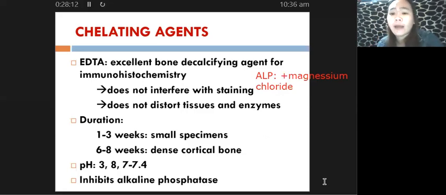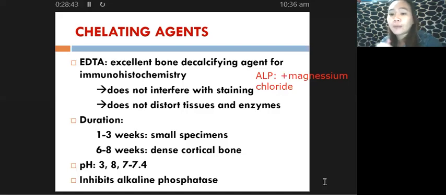The first one, we have your 5 to 10% EDTA disodium. The good thing about your 5 to 10% EDTA disodium is that it is already buffered at the right pH. And what is the pH of your disodium? We have 7 to 7.4. Okay, which is the required pH of the EDTA solution that we use for decalcification.